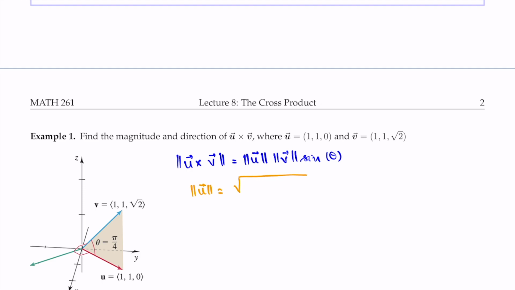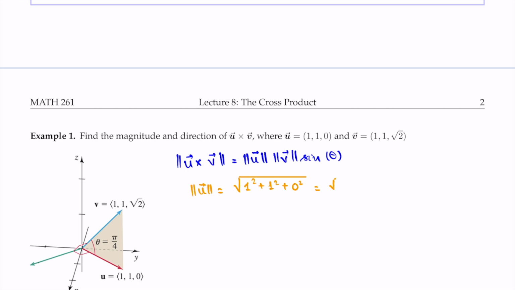This is equal to the square root of 1 squared plus 1 squared plus 0 squared, so this gives you square root of 2. The magnitude of v is calculated as square root of 1 squared plus 1 squared plus square root of 2 squared, and it's going to give you square root of 4, or 2 for that matter.